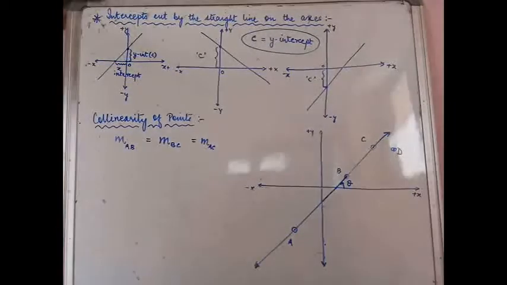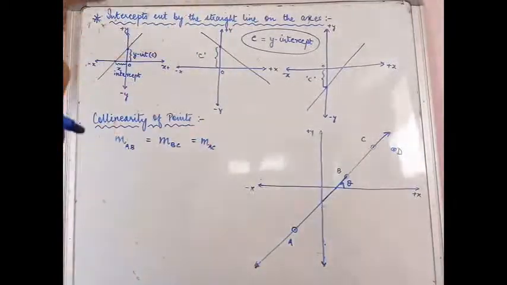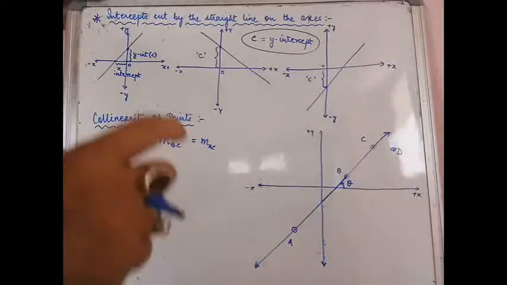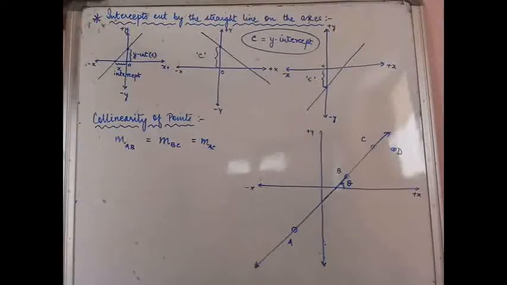If they are not coming out to be same, that means the points are not lying in a straight line. Okay, so for checking the collinearity of the points, you must find out the slope of the line using 2 points at a time, and they should come out to be same. We will take up an example to illustrate this.